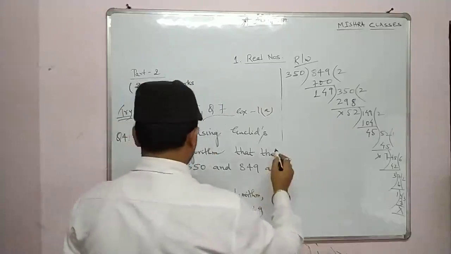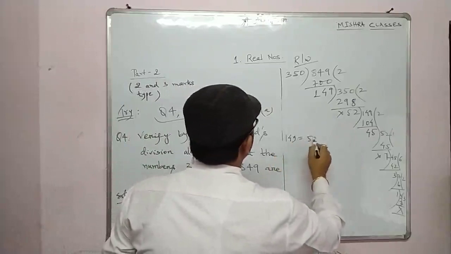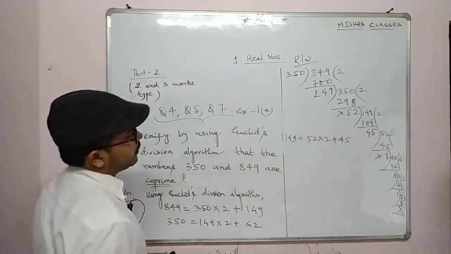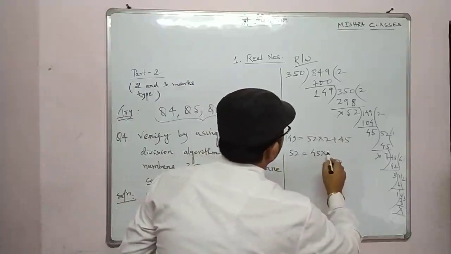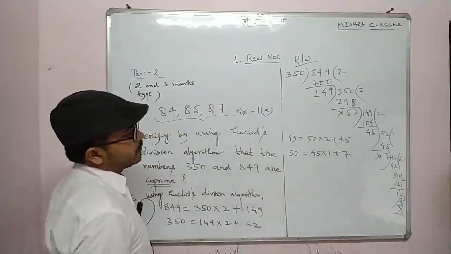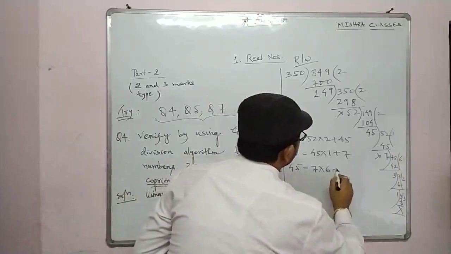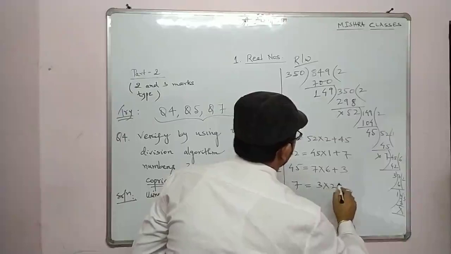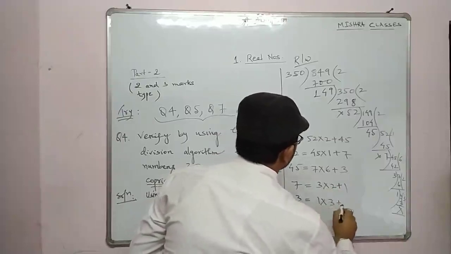Then 149 equals 52 into 2 plus 45. Then 52 equals 45 into 1 plus 7. Then 45 equals 7 into 6 plus 3. Then 7 equals 3 into 2 plus 1. Then 3 equals 1 into 3 plus 0.